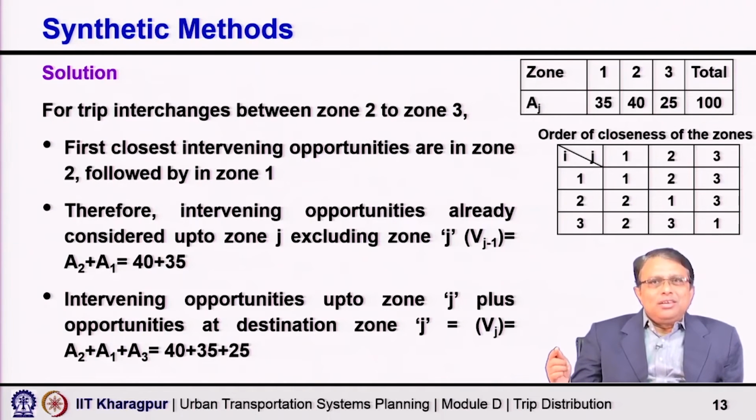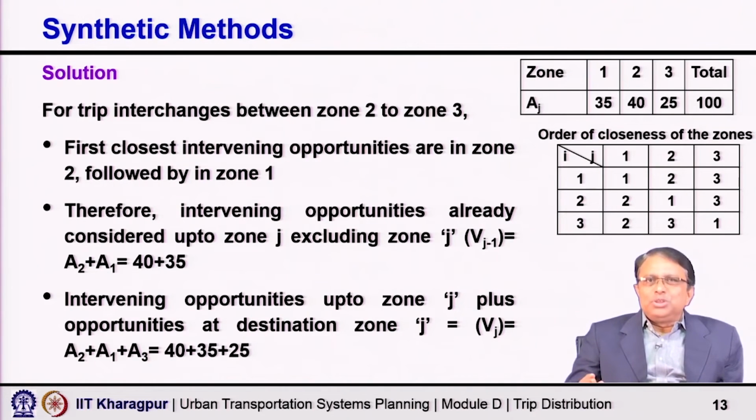Zone 3 is the third zone in order. So, just before zone 3 is zone 1, and just before that zone 2 itself. So the attractions of zone 2 and zone 1 will be there, 40 plus 30.